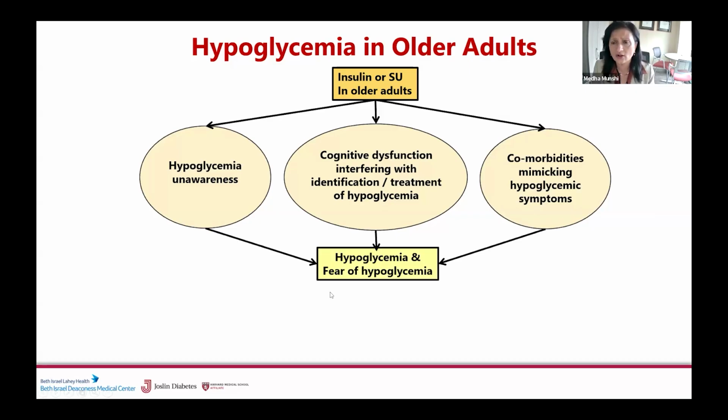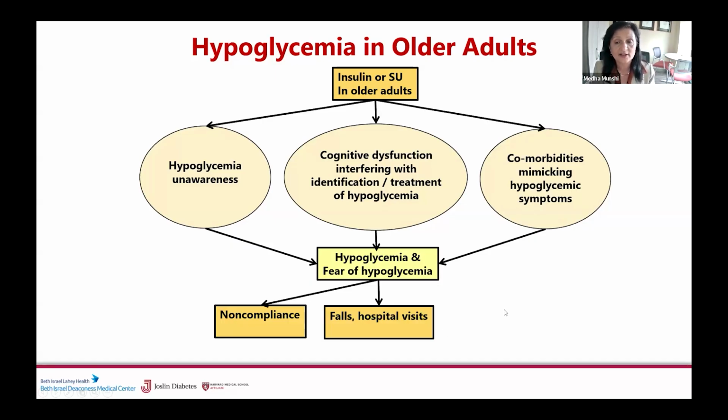All those factors lead to patients not recognizing they have hypoglycemia, and this is the population that is really afraid of hypoglycemia and its impact on falls and so forth. That leads to patients not following the regimen properly, falls, hospital visits, and exacerbation of chronic conditions such as cognitive dysfunction or cardiovascular events.